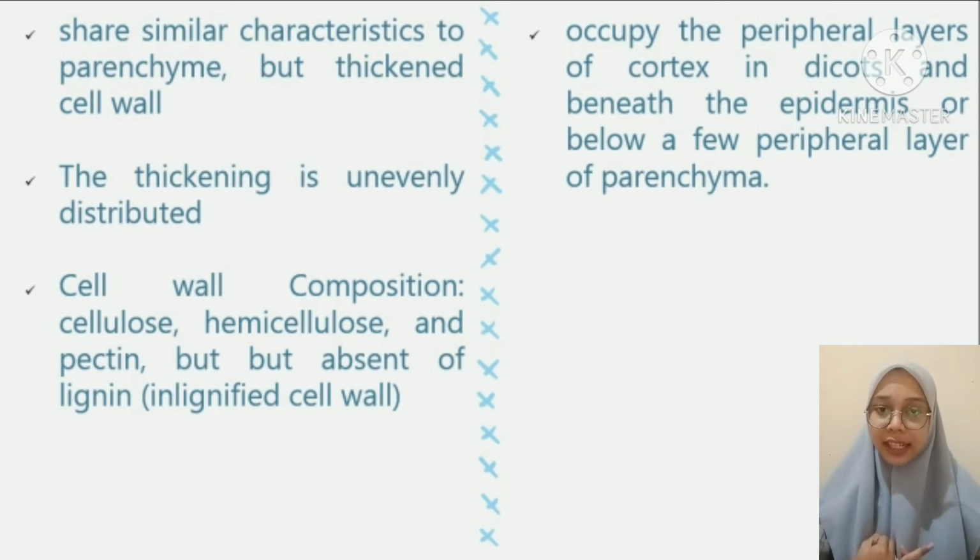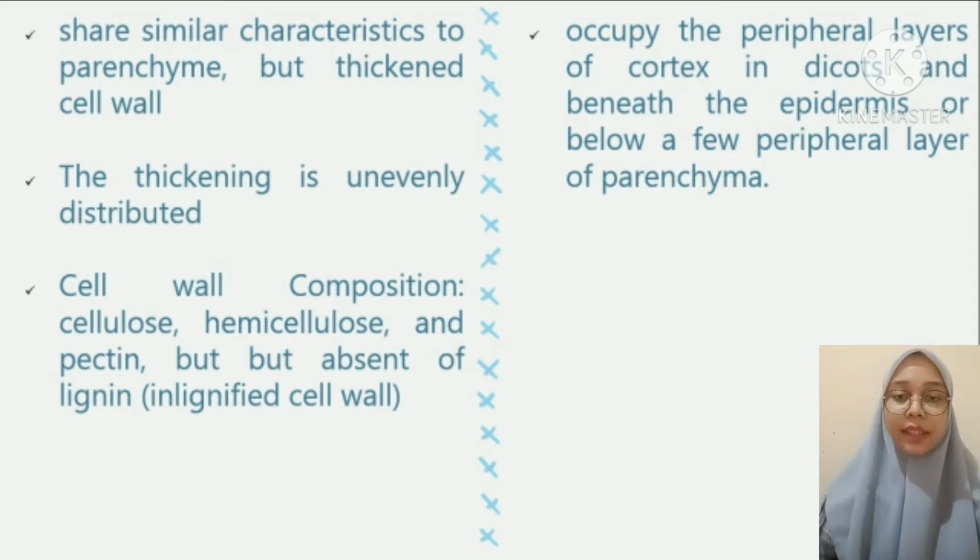The thickening is unevenly distributed. Cell wall composition: there is cellulose, hemicellulose, and pectin, but absent of lignin or a non-lignified cell wall. And last, it occupies the peripheral layers of cortex, beneath the epidermis or below a few peripheral layers of parenchyma.